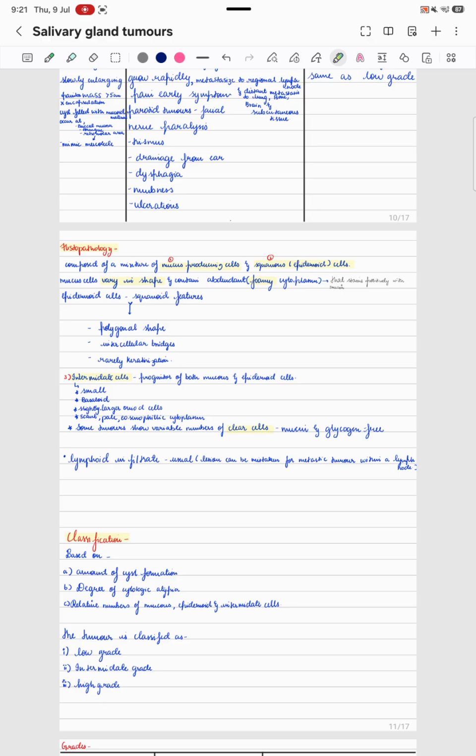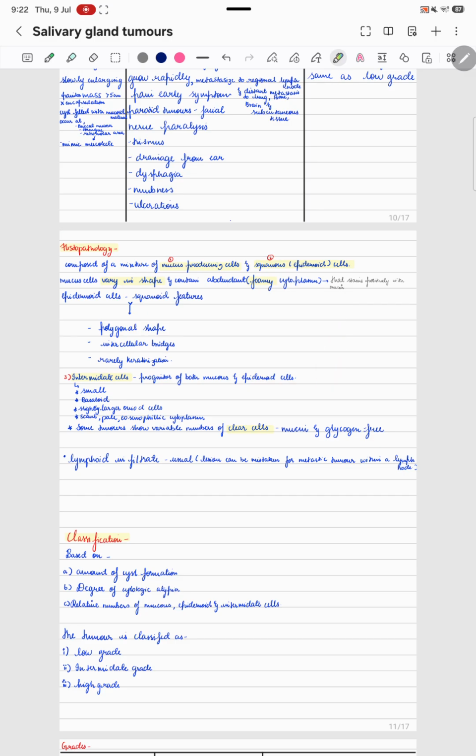The mucus producing cells and the epidermoid cells are the prominent cells, and the mucus cells vary in shape. Now we will talk about how the mucus cells are. The mucus cells have a foamy cytoplasm, and they stain positively for mucin.